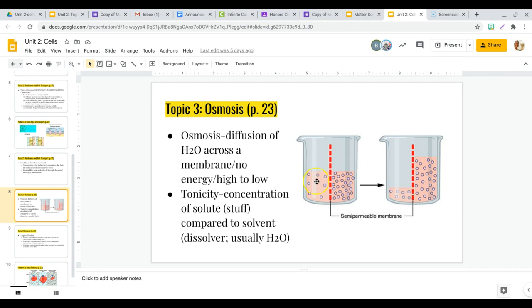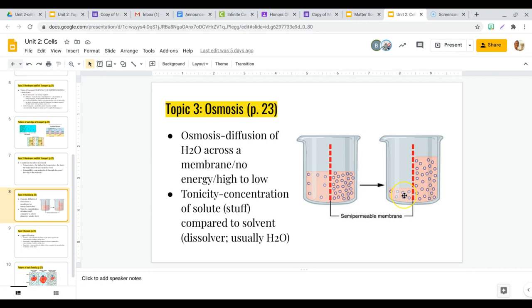Well, you can see on one side, there's a lot less salt, we'll call it salt particles, and there's more salt particles over here. So there's more of a concentration of salt and less concentration of water over here. That's the key. So what water is going to do is it's physically going to diffuse over here to even out that water to salt concentration ratio.